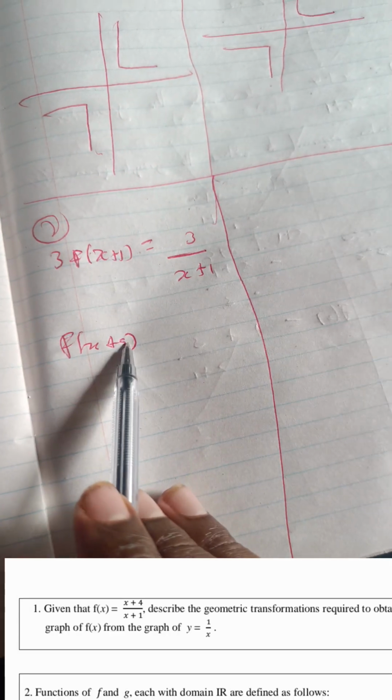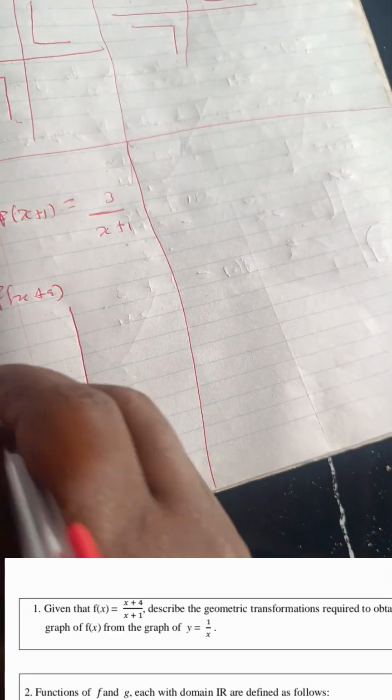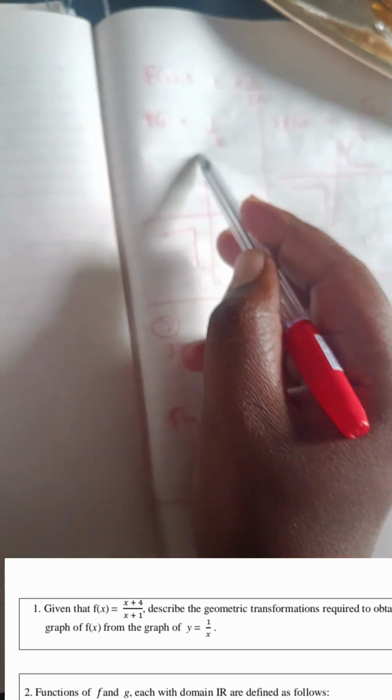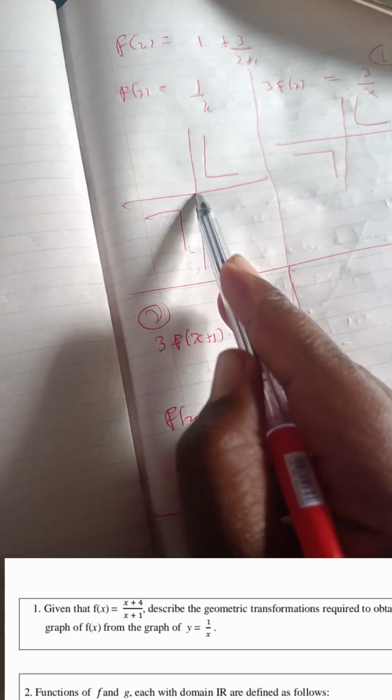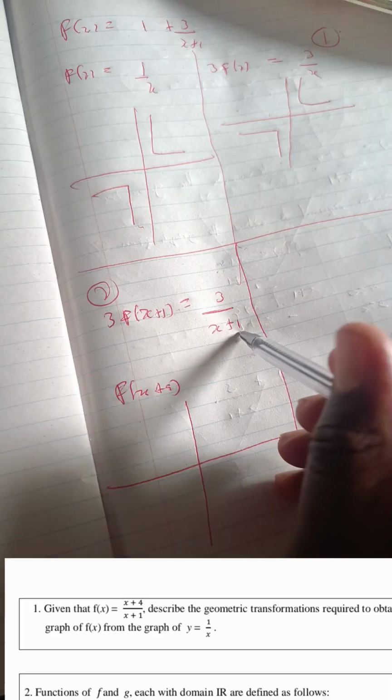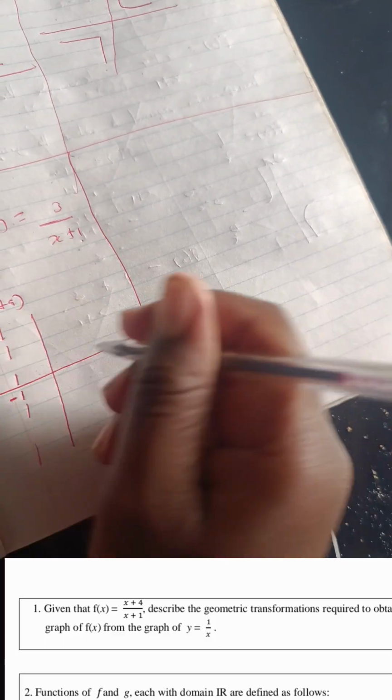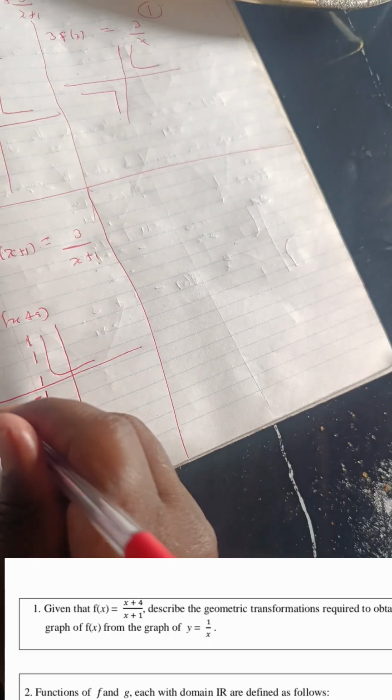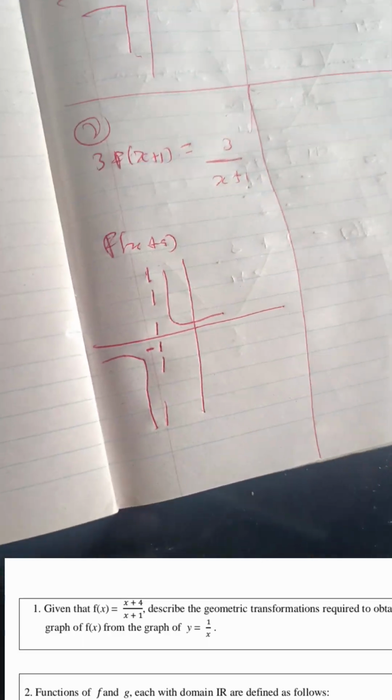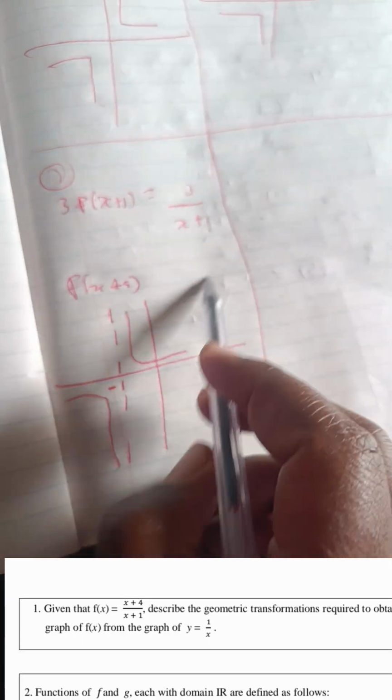This is f(x + a), a translation in the x-axis, but when there's a positive sign, you move to the negative side. The vertical line of asymptote was at 0, and we're adding 1, so moving 1 unit to this side, to x = -1. So this graph will shift to this side, and the other branch will shift the same way. This is the graph of this function.